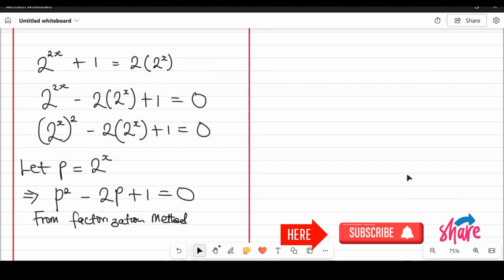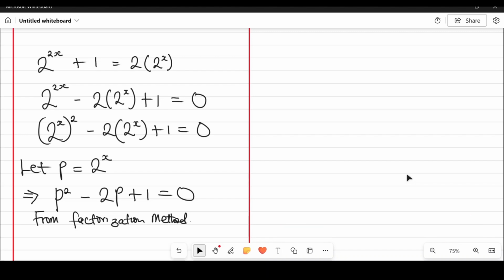for this method, we are going to look for two numbers that when you add them, they give you negative 2, but when you multiply them, they give you positive 1. And those two numbers are negative 1 and negative 1. Negative 1 plus negative 1 is equal to negative 2, and negative 1 times negative 1 is equal to positive 1.